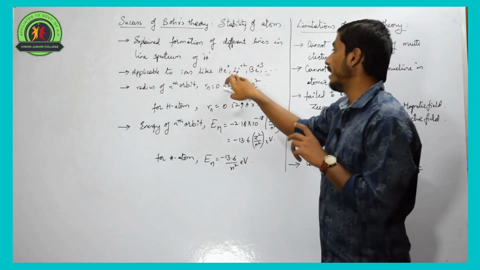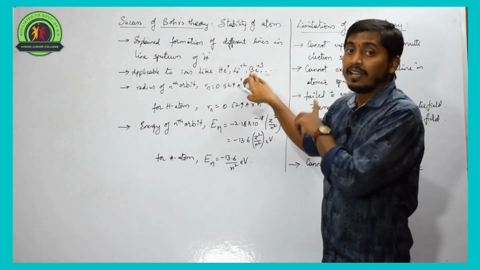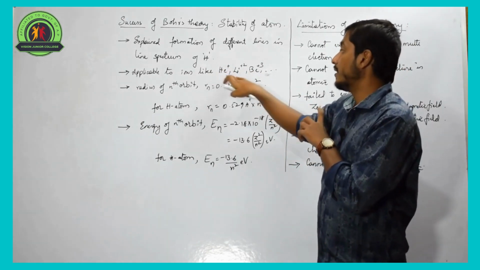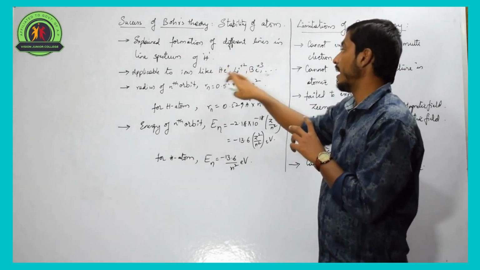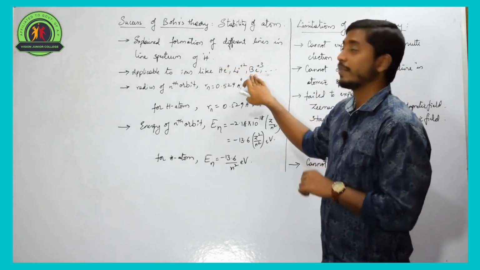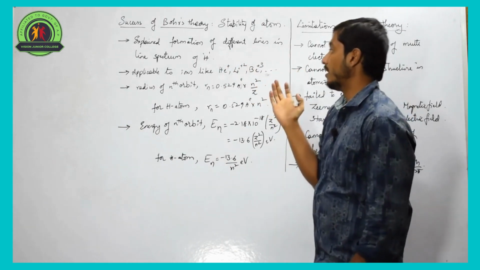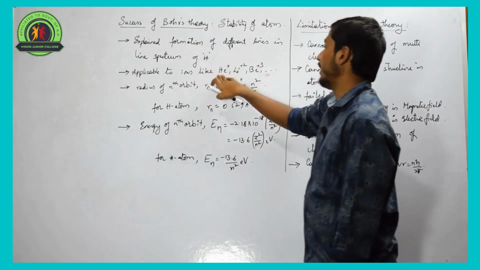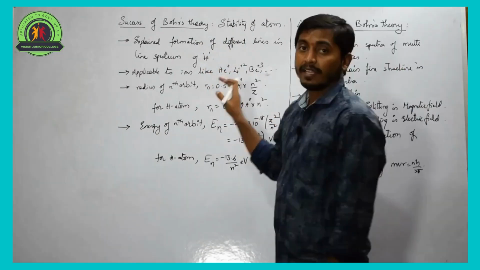Similarly Li plus 2 and Be plus 3 are single electron ions, which means this hydrogen spectrum is applicable to ions such as He plus, Li plus 2 and Be plus 3, and he could explain the line spectrum of these ions as well.